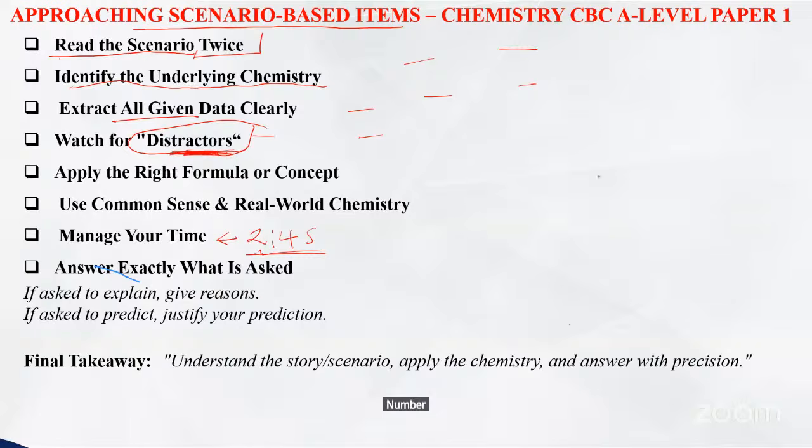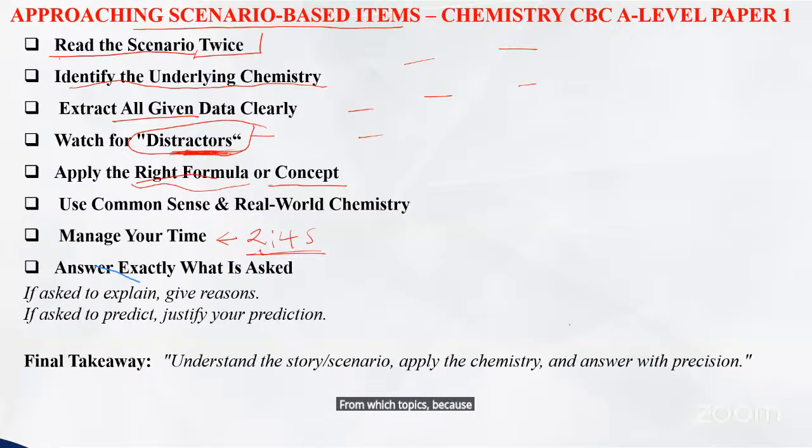Number 2, apply the right formula or apply the right concept. I believe one thing we need to do first, when you read a scenario, is identify where this scenario is coming from. From which topic can I attach this scenario? From which topics?